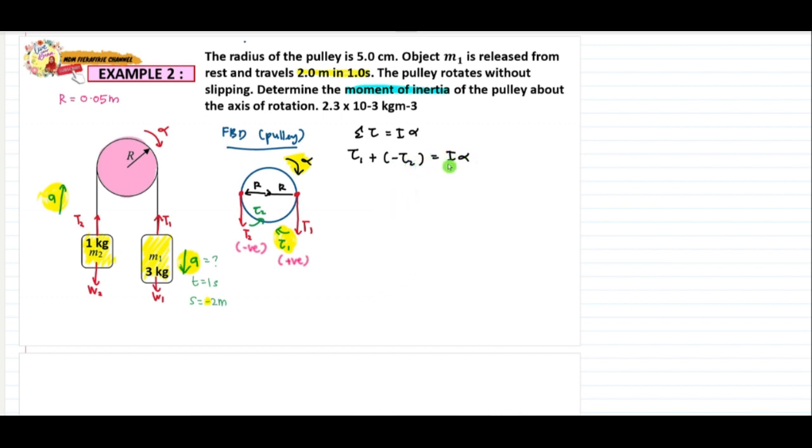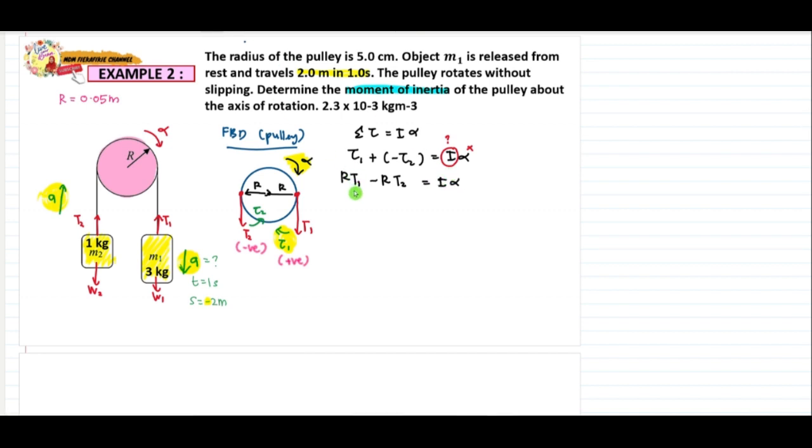Kita tak ada nilai alpha, kita nak cari I ini. Tapi tak apa, soalan ni agak menarik. If I expand this equation, dia akan jadi RT1 minus RT2 equal to I alpha.